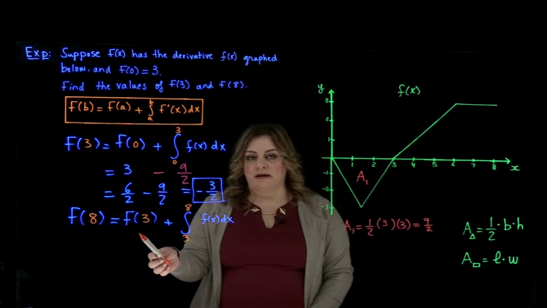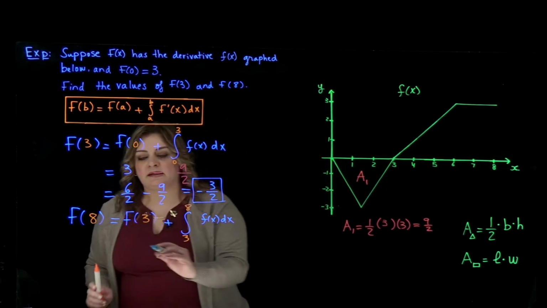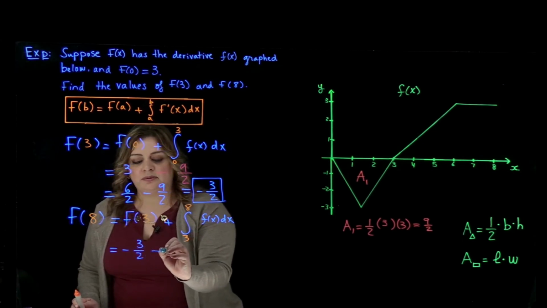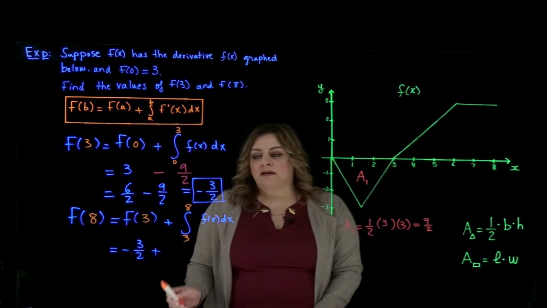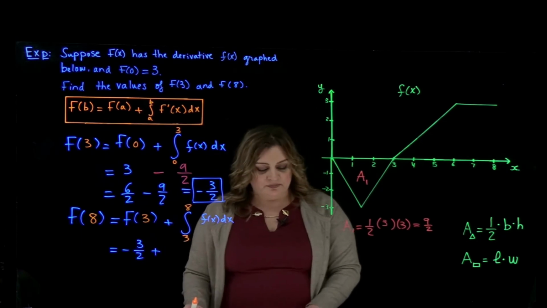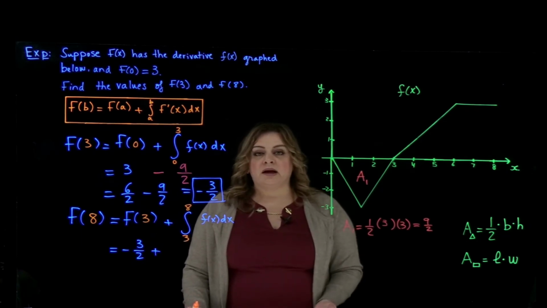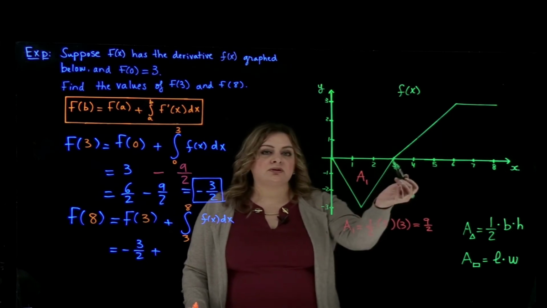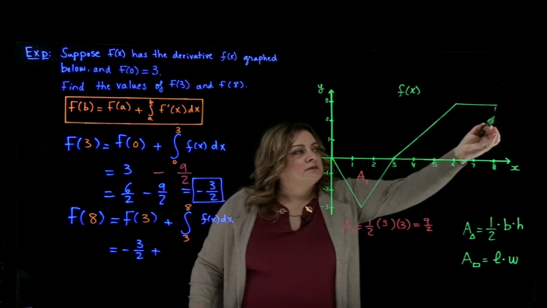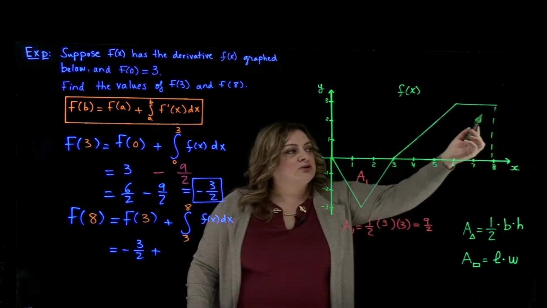Substituting the value of big F of 3, which is negative 3/2, this is going to equal negative 3/2 plus, now the integral from 3 to 8 of little f of x dx is the area between the function and the x-axis from x equals 3 to x equals 8, which is going to be this region.